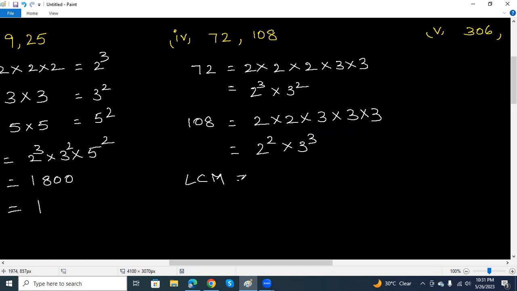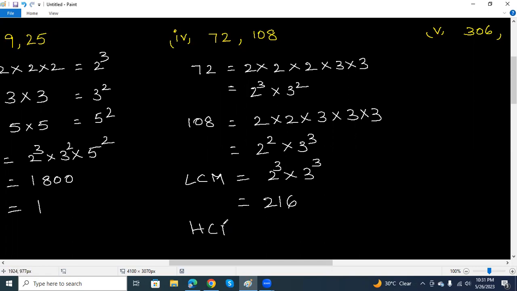LCM. All the factors: 2, 3 here, 2, 3 here. So all the factors are 2 and 3. Product of the factors with the greatest power. 2 greatest power is 1, na? So we'll take 1. 3 greatest power is 3. 2 cube is 8. 3 cube is 27. 8 27s are 216.